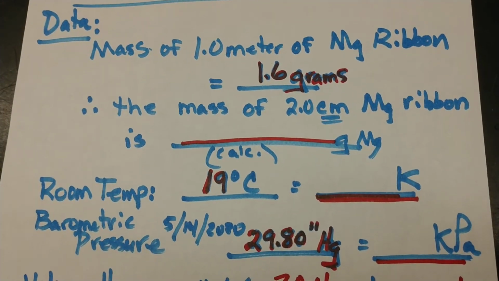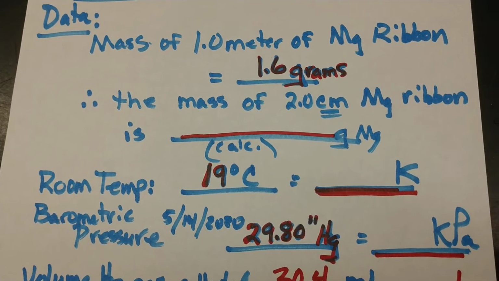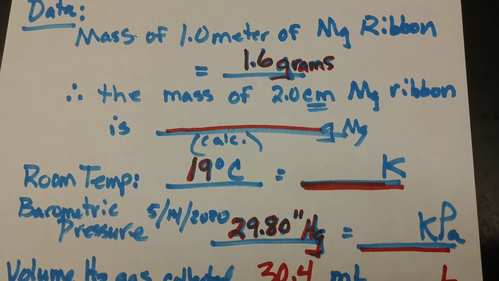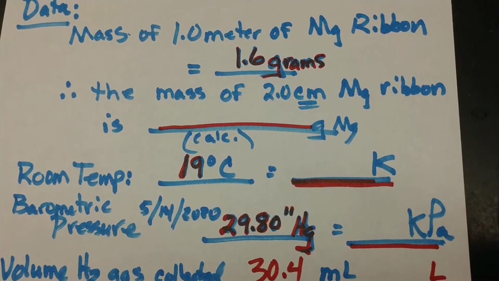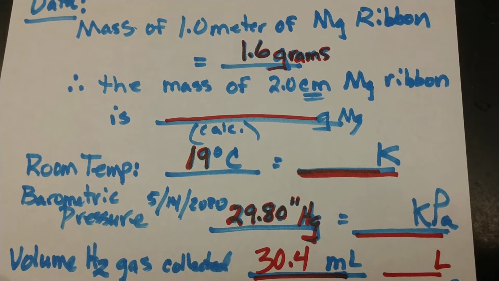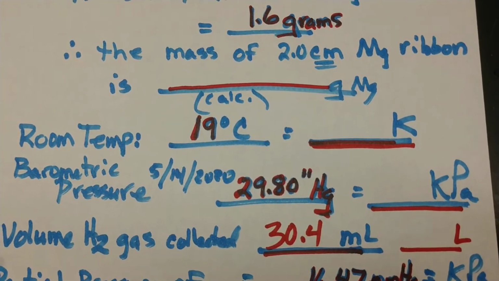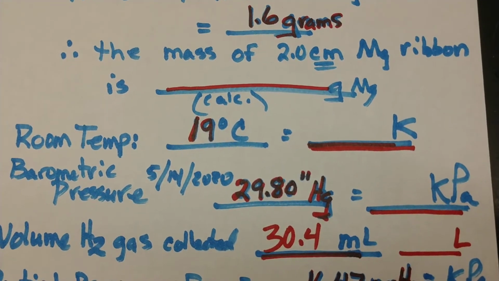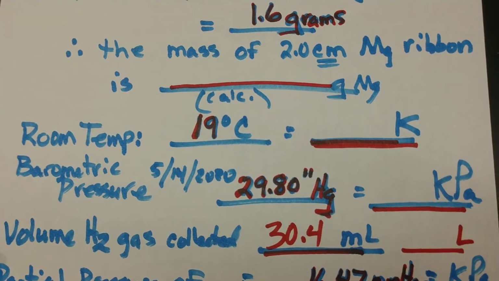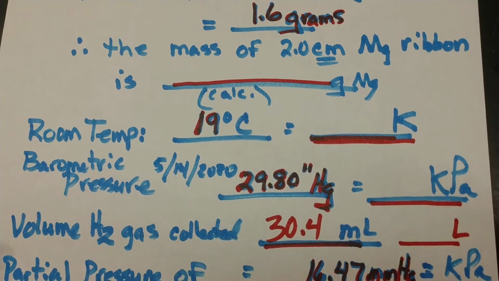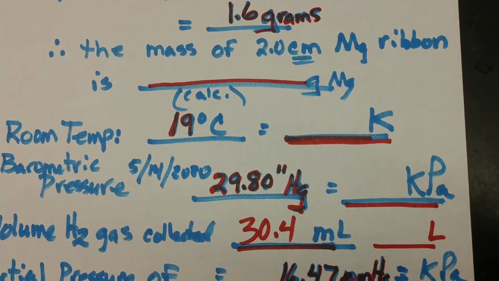The room temperature today is 19 degrees Celsius, and you'll need to convert that to Kelvin because these calculations are based on that. And then our barometric pressure today for this area is 29.8 inches of mercury. That's the English system. You're going to have to convert that to kilopascals.